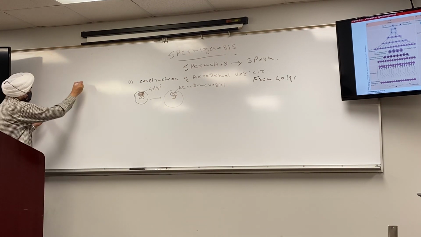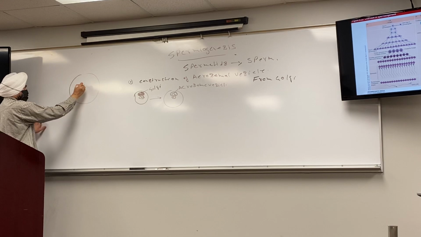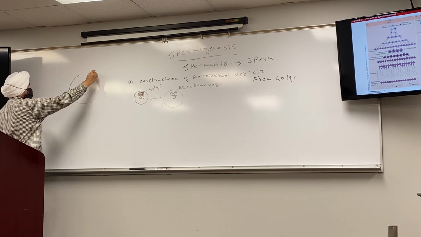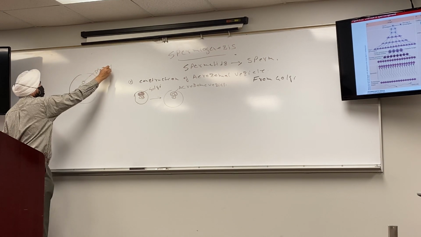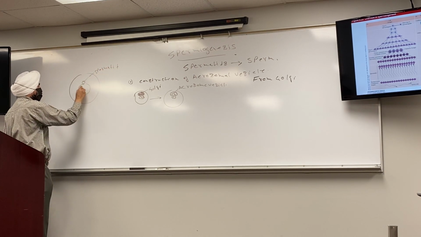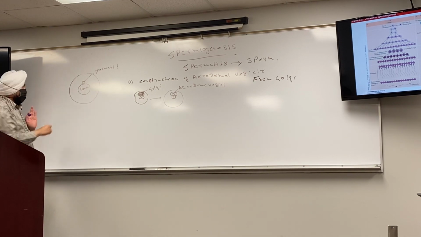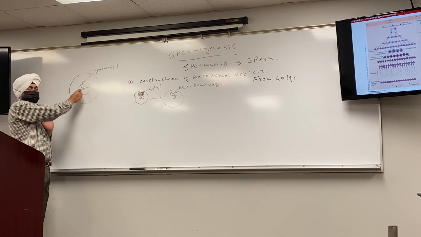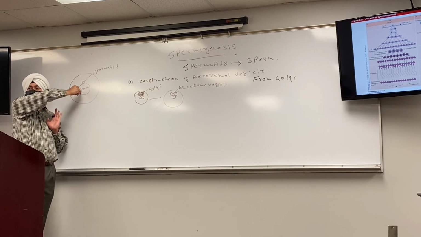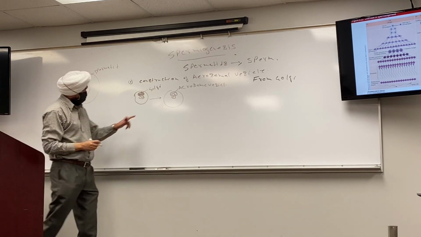And remember, this was the structure like this. Right here is your spermatid, and this is the lumen of the seminiferous tubule, right? So the sperm should come into this seminiferous tubule. So what is going to happen here?